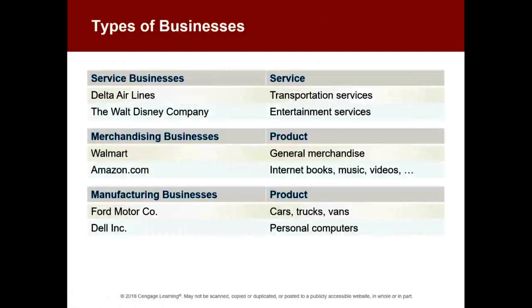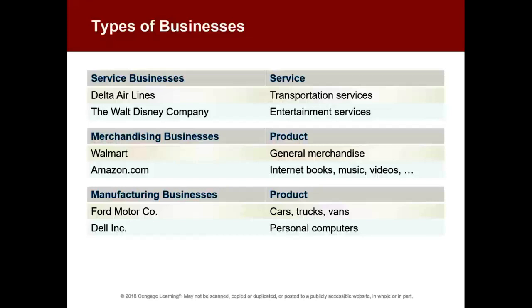We will make the distinction in here between service, merchandising, and manufacturing businesses. For the first few chapters we'll be looking at service businesses that provide services to customers. There's a couple of examples. Then chapter 5 will become a merchandising or retail business.